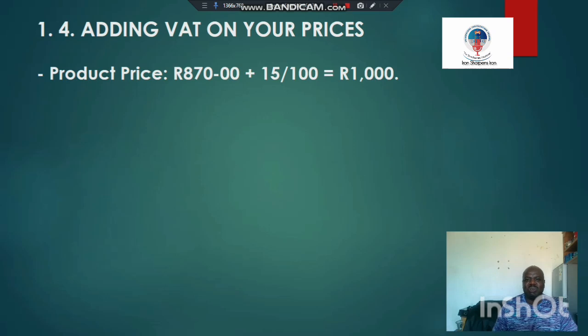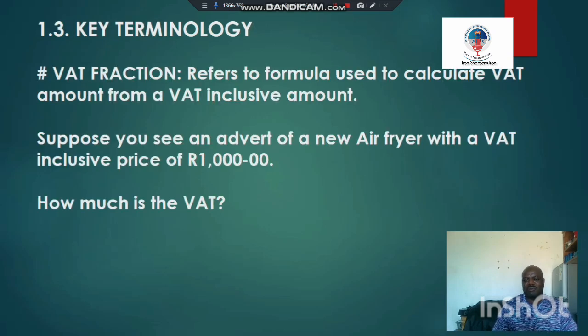What you then do is to take the 1,000, you multiply by 15 over 115, because the VAT fraction is 15 over 115. Why 15 over 115? 15 is the rate of VAT.